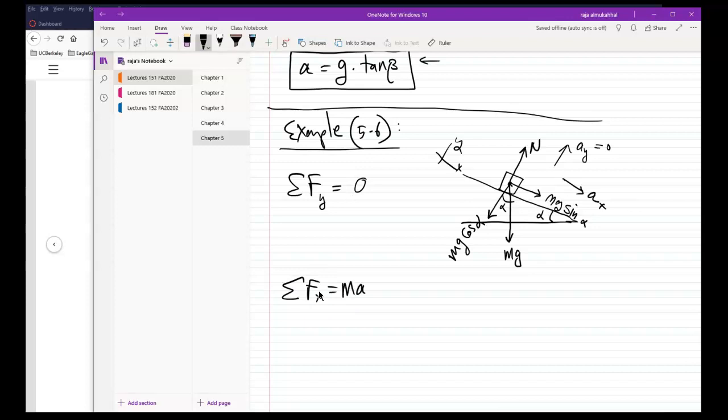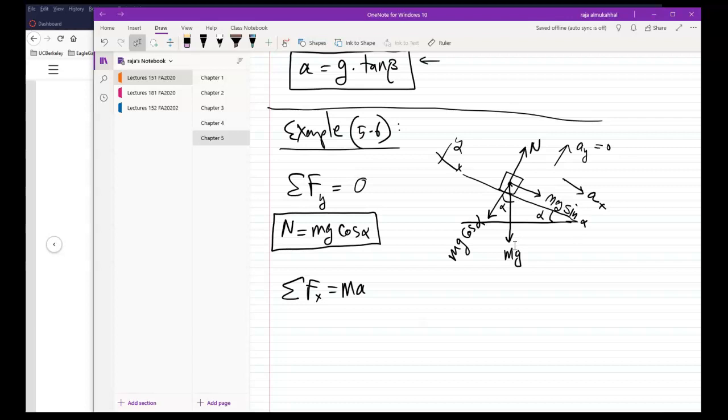So what is F sub y? Well, I get two vectors here: normal minus mg cosine alpha. So that's going to be normal equals mg cosine alpha. I just solve for it, so basically the normal is equal to mg cosine alpha.